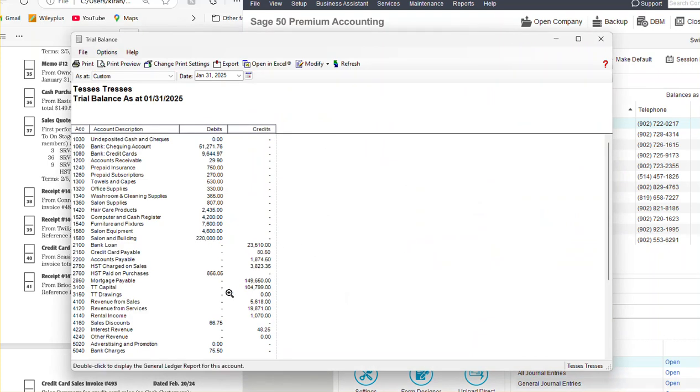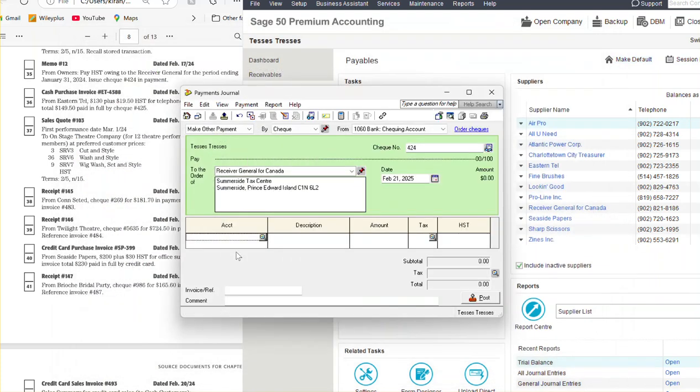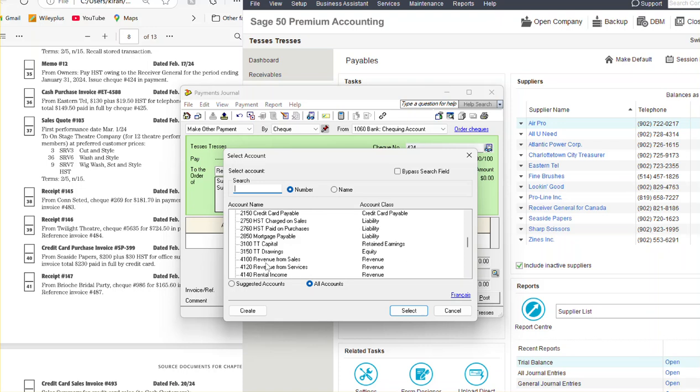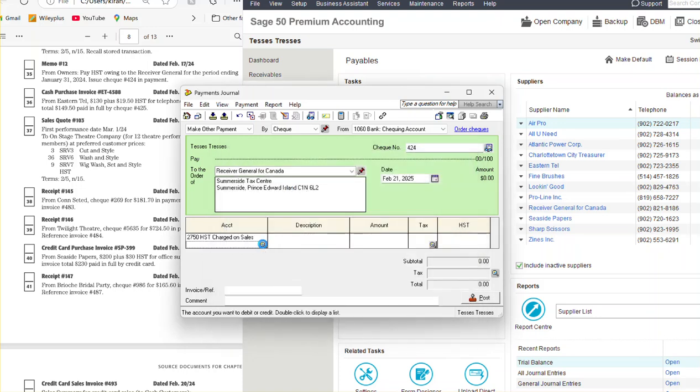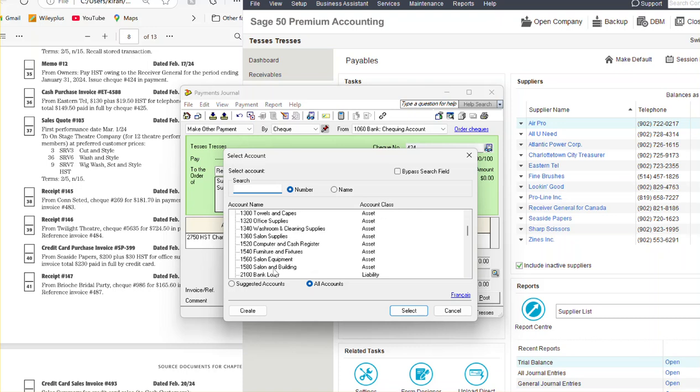So you're looking for these two, so 3823 and 85. So one has a debit balance, one has a credit. You're going to do the opposite, and I am here, so I know my 2750 HST on sales, and the next account was my HST on purchases.